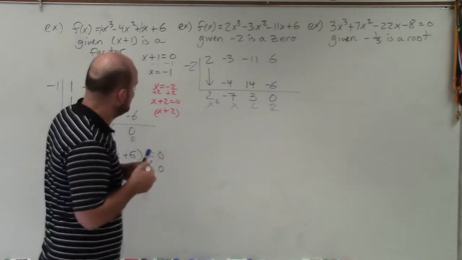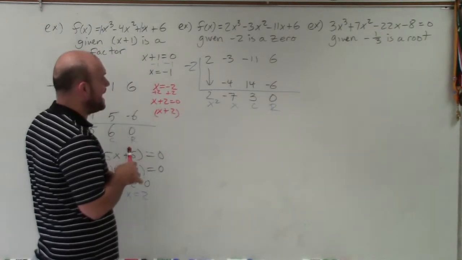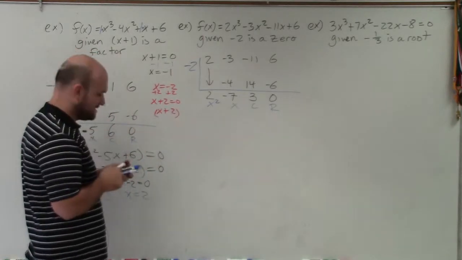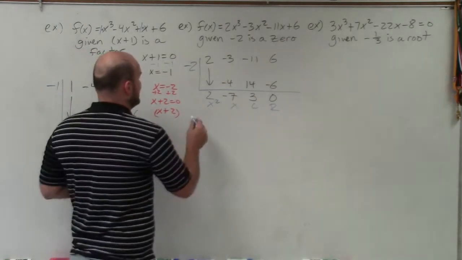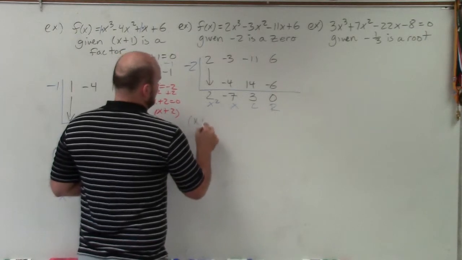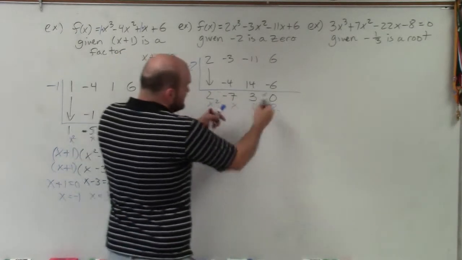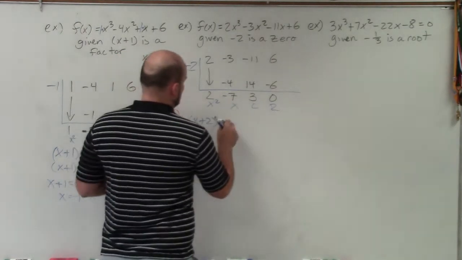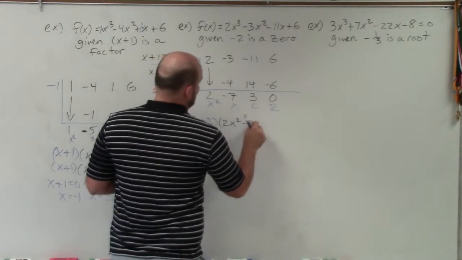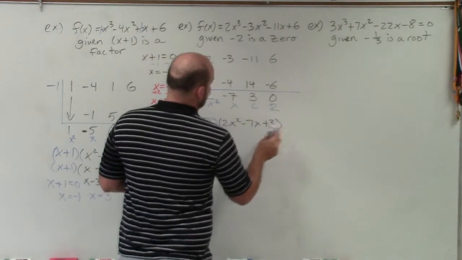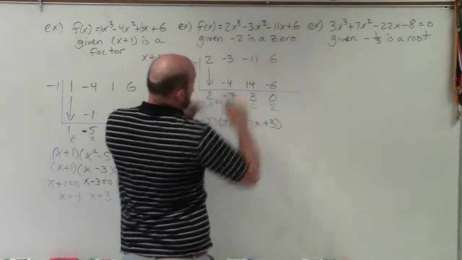You can set it back equal to x and get it on one side. So that's going to be your factor. Basically what that's telling me is x plus 2 times now this polynomial, 2x squared minus 7x plus 3. This times this gives you back our polynomial.